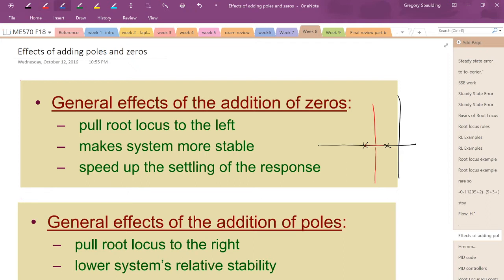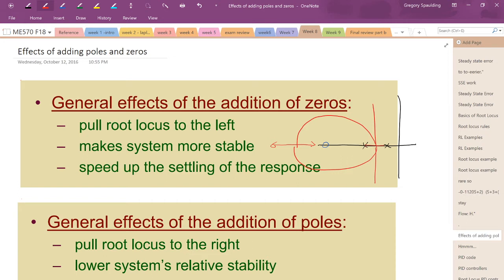In this case, we're putting the zero out here to the left of the existing system. What's going to happen is that these branches are going to pull over here and meet up on the real axis. One's going to go to this zero and one's going to go out to infinity.